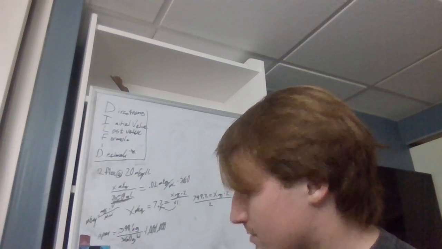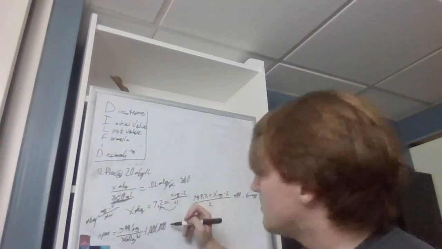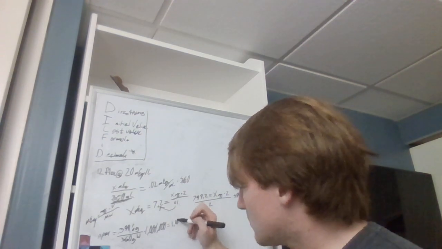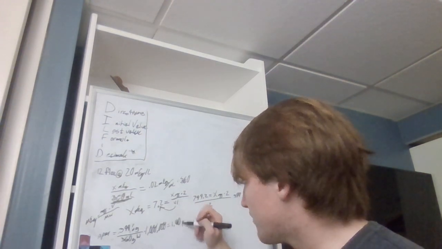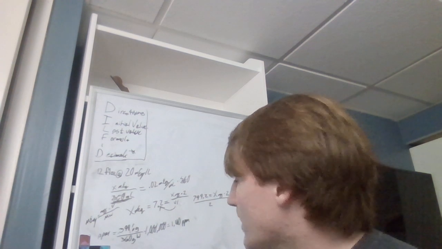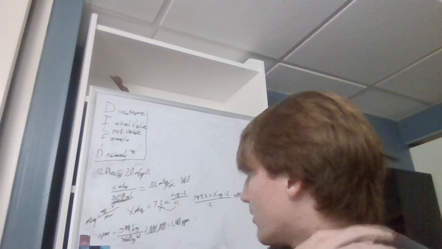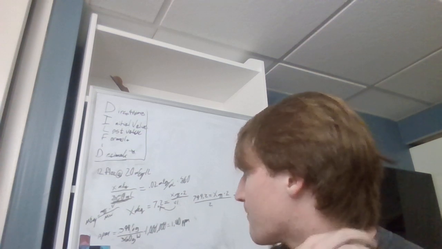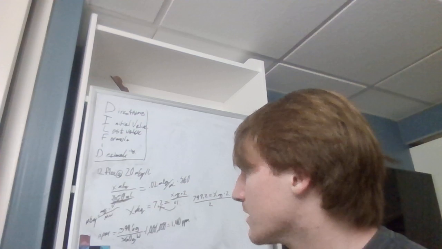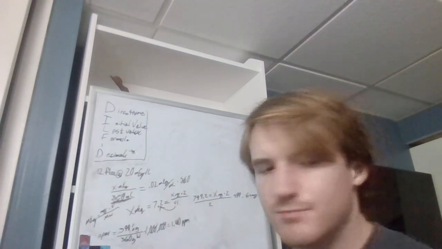That is equal to 1,110 parts per million. So that's saying that we have 1,100 parts of calcium chloride in solution per 1 million parts of water.